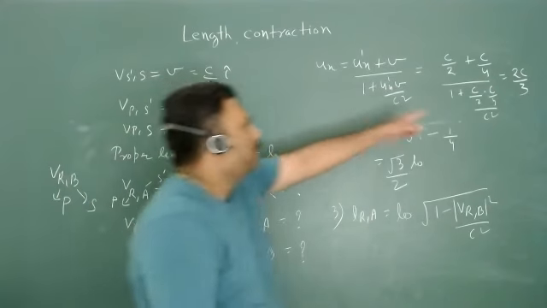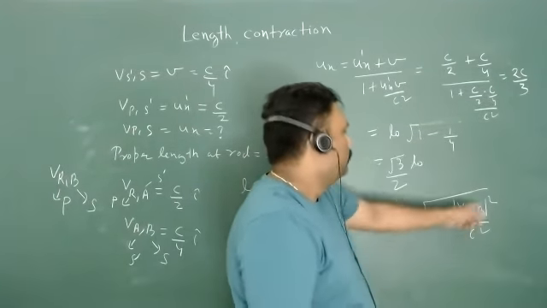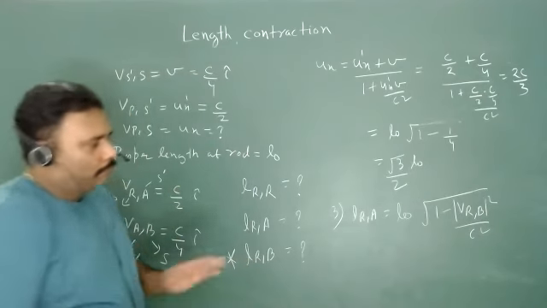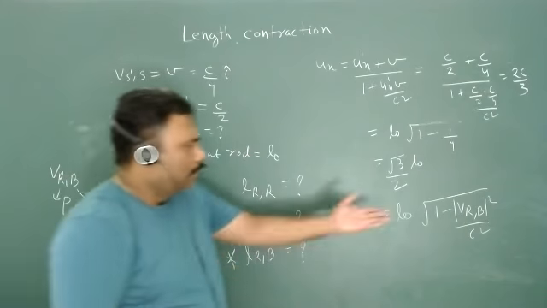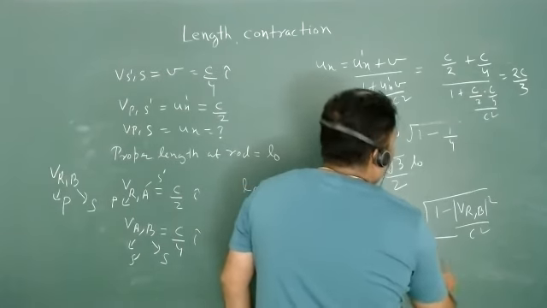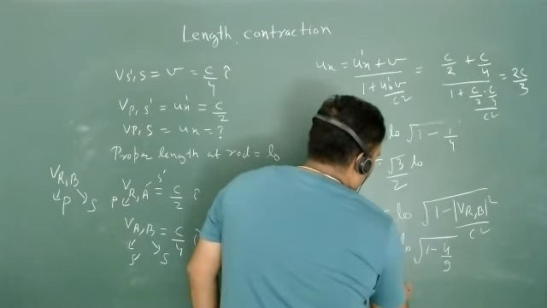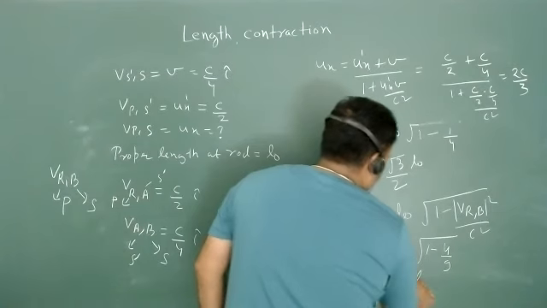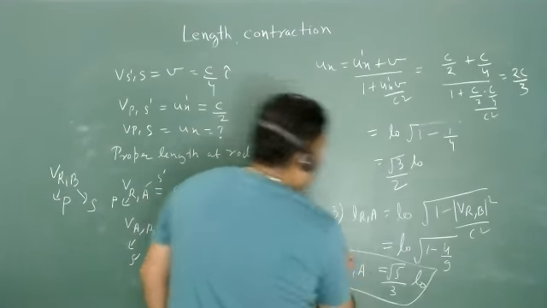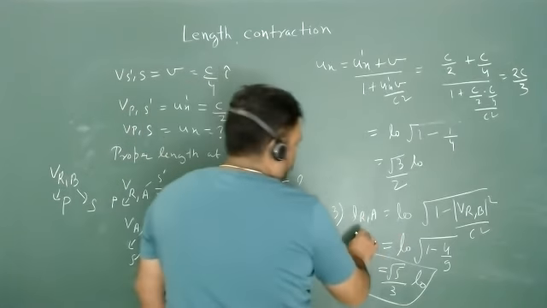So obviously this is in the x direction. The length of the rod is also in the x direction. The proper length is also in the x direction. So there is no need to take any projection along the length, and it will work nicely. So L naught times the square root of 1 minus 4 upon 9. So we have root 5 upon 3 L naught. Now you can see every observer has a different measurement.